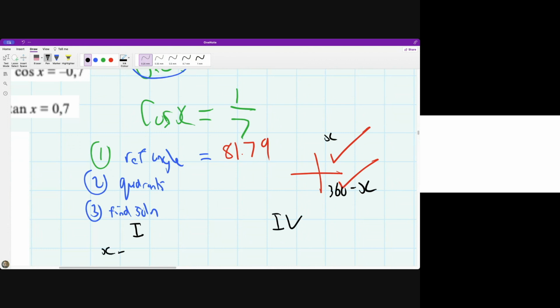And so I'm going to say x, actually sometimes some teachers will say this is theta and this is 360 minus theta. It just depends on what's going on. But the answer for this, if you're in quadrant 1, it's just going to be 81.79. If you're in quadrant 4, it's going to be 360 minus 81.79. So what's that going to be?